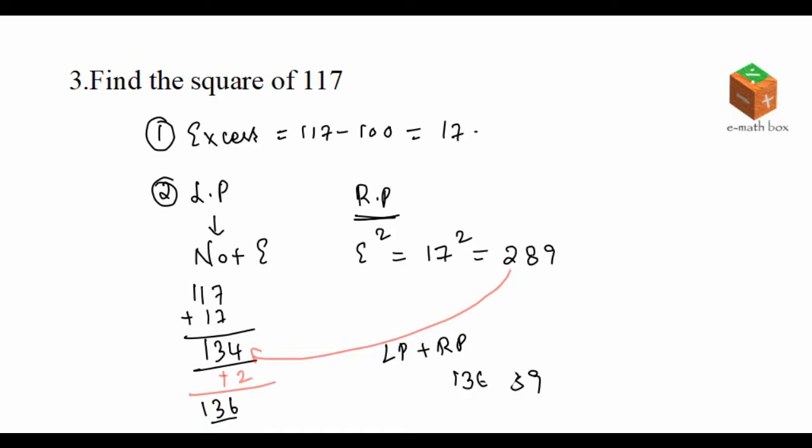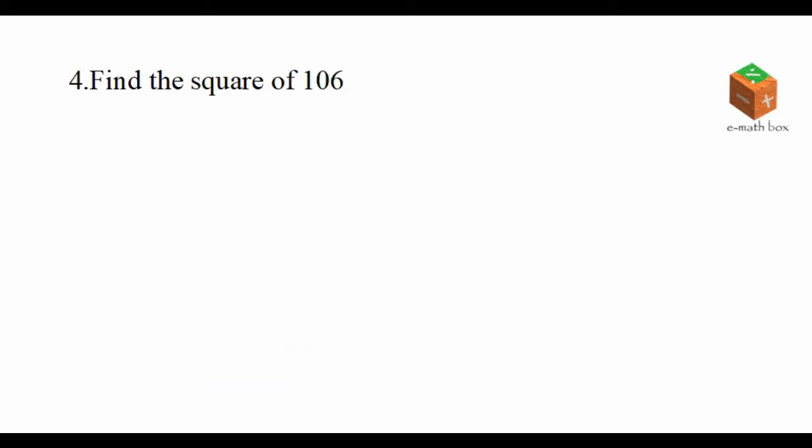So let me teach you the next problem. Here it's very simple. Find the square of 106 again. It's also nearby 100 and also more than 100, so we can use the same concept. Very first step is we should find the excess value from 100. For finding the excess value, the number minus 100, you'll get 6. The second step is to find the left part and the right part.